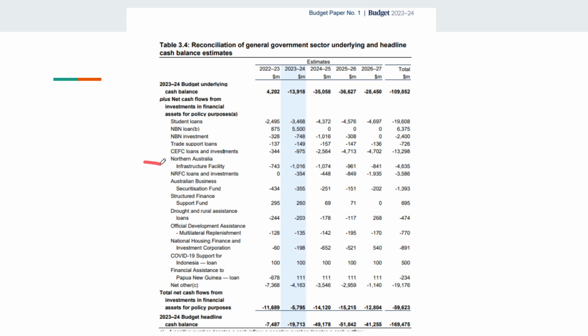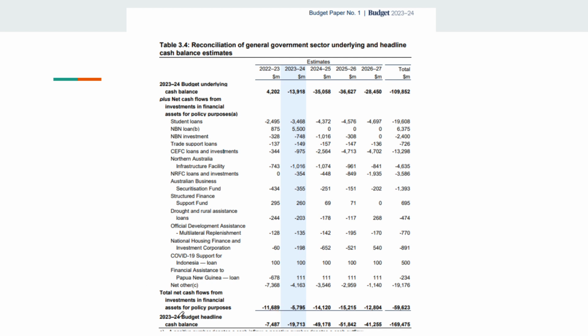We made a payment to the infrastructure facility, and we received some structured finance, $295 million. We received a loan back from Indonesia. Now, you don't need to know these individually or the receipts and payments, but you need to know that we add all these things up and we look at it in net terms. So we add all these things up and they equal negative $11 billion.